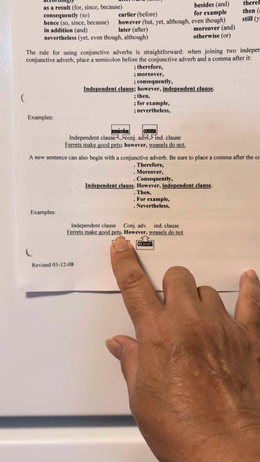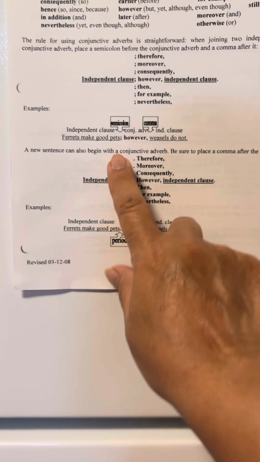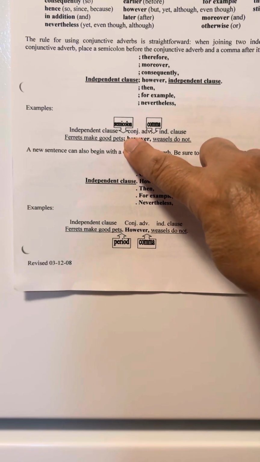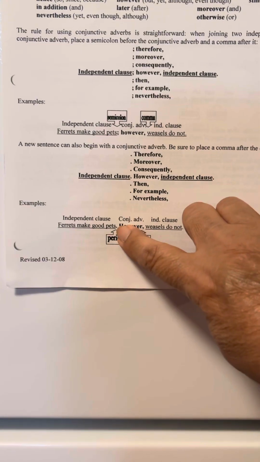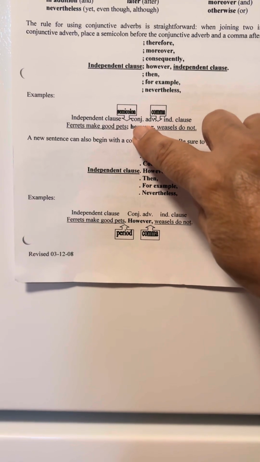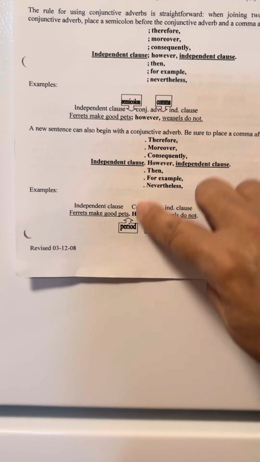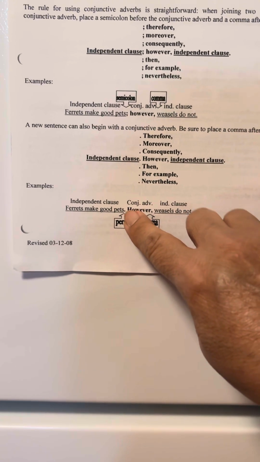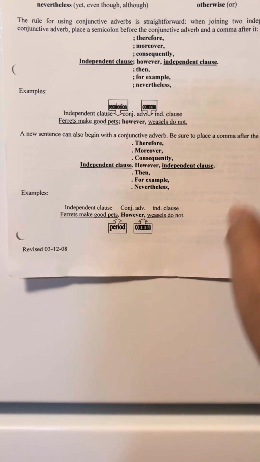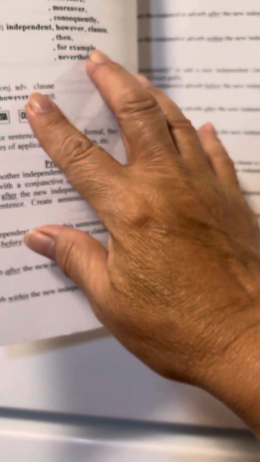Ferrets make good pets. Same independent clause, but instead of a semicolon, we use a period. Since we're here, we don't capitalize the H in however, because that's a semicolon. Here we capitalize the H because that's a period, but we still put a comma after it, and then weasels do not. So it's going to be a pretty easy activity here.